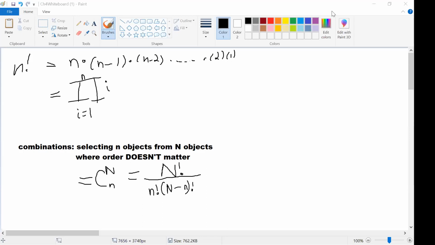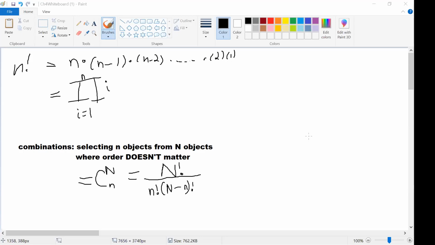So for example, let's say we had those 3 cards, the ace, the king, and the queen. And I said, in how many ways can we pick 2 of those cards where the order doesn't matter? Capital N is 3, lowercase n is 2.